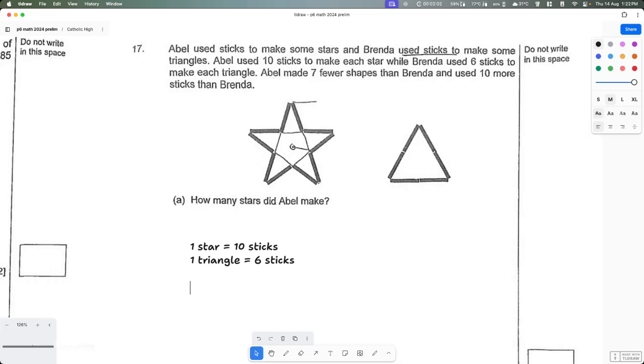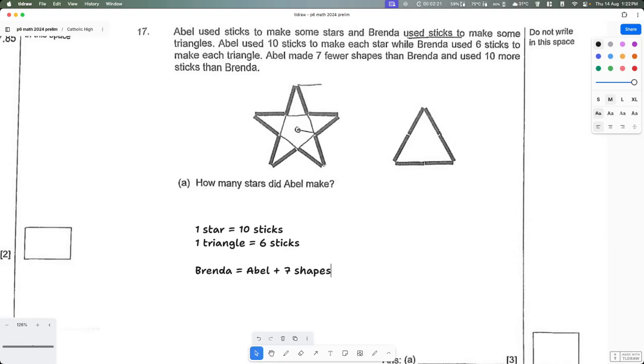So it says here Abel made 7 fewer shapes than Brenda. So in this case, Brenda has basically Abel plus 7 more shapes.